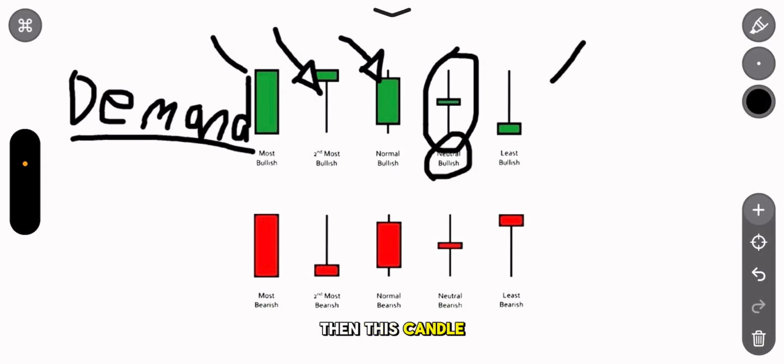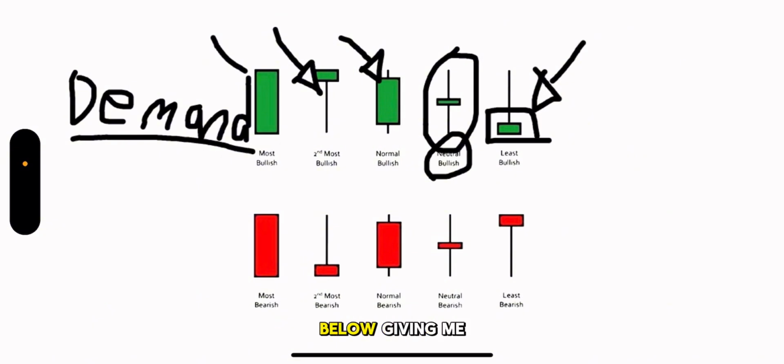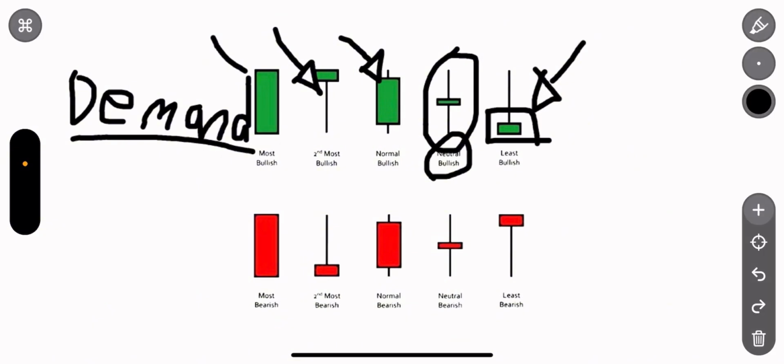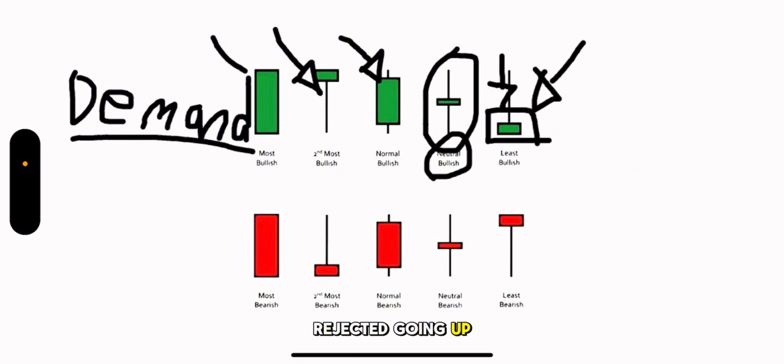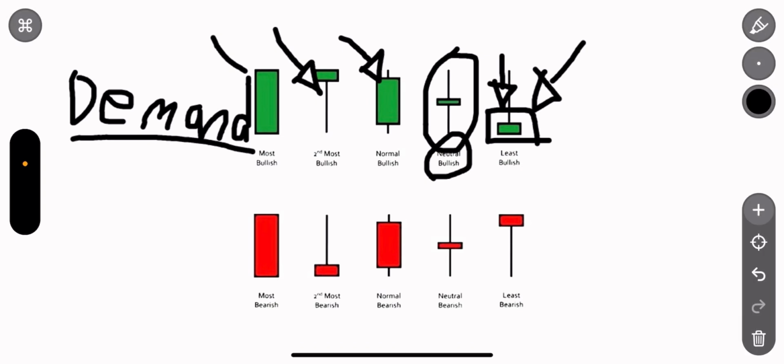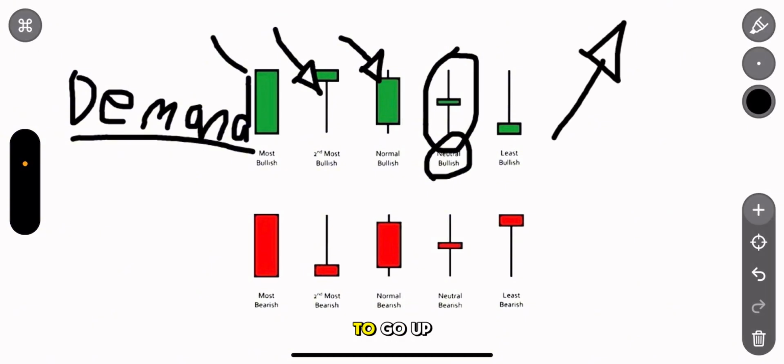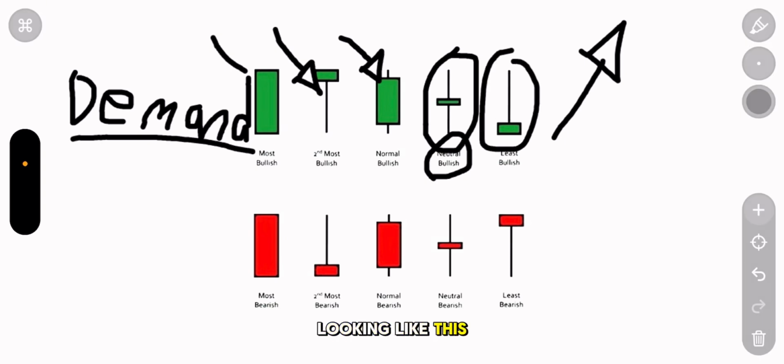Then this candle here, you want to be careful for. Because let's say it goes to my demand zone, right? And it closes below, giving me this type of rejection. And it got this wick that rejected going up and it started pushing down. Right? That's a candle that's very iffy. You don't want to take trades if you're looking for the trade to go up, but then the candle that rejects off your zone is looking like this.